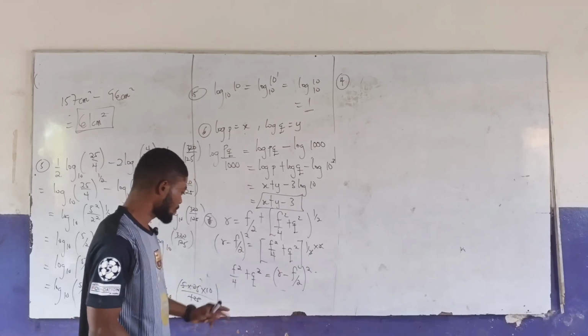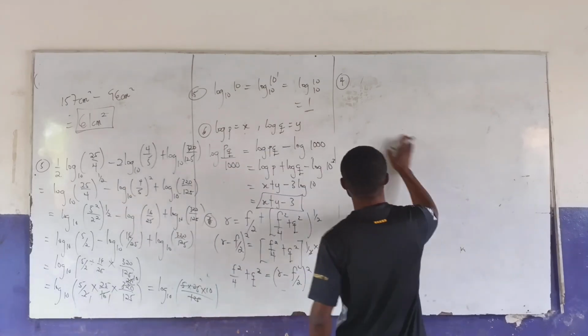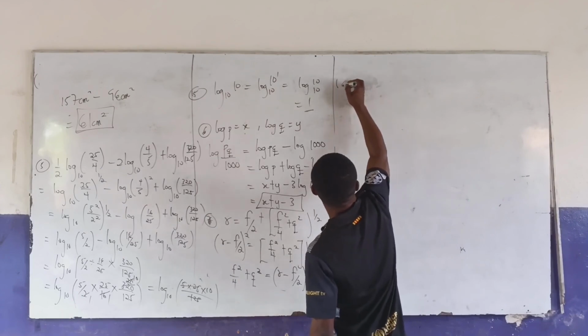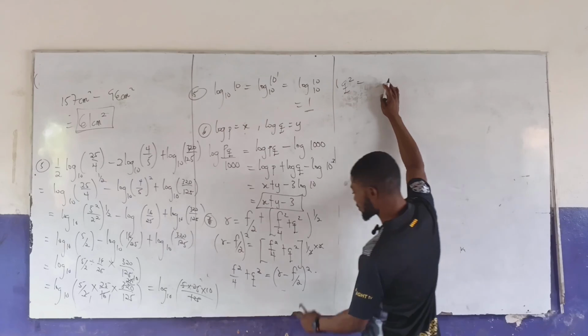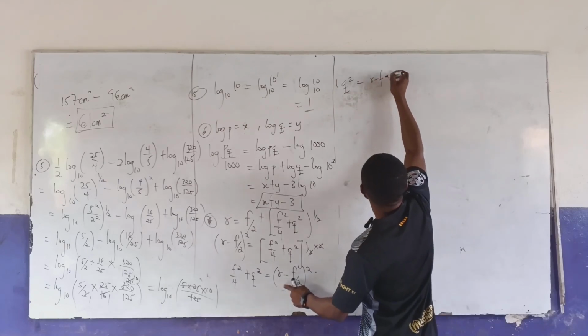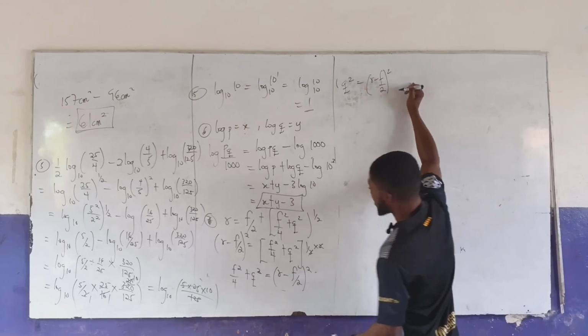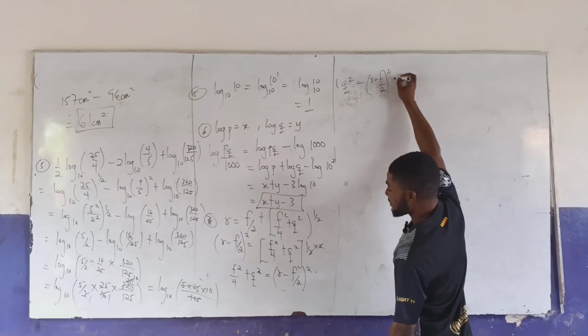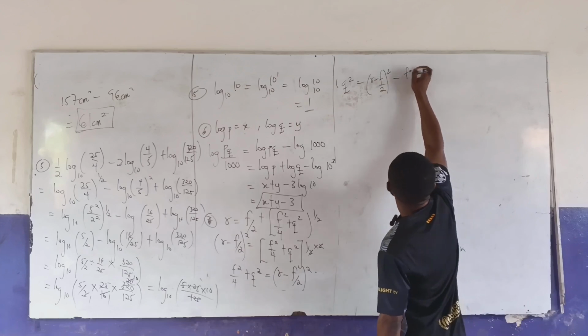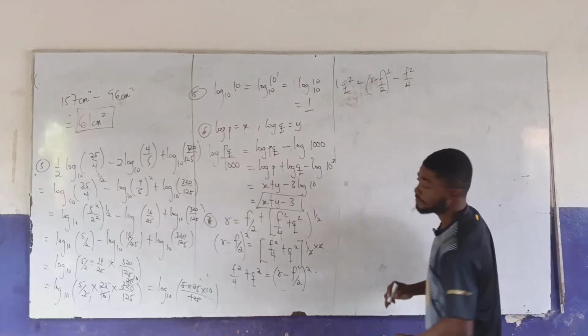From here I make Q squared stand here: Q squared is equal to R minus F on 2 all squared minus F squared on 4.